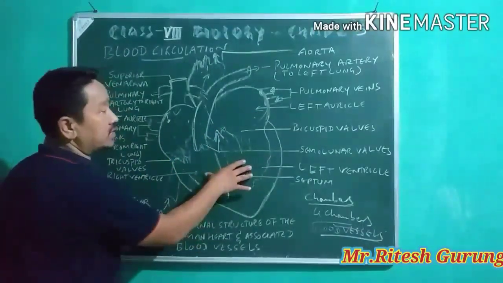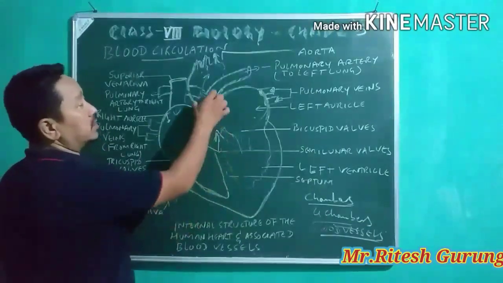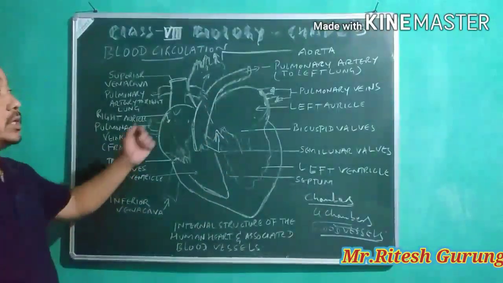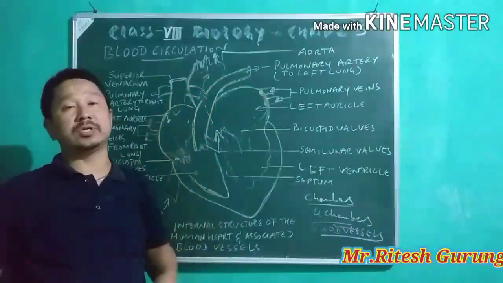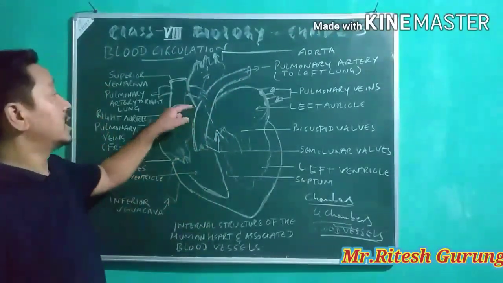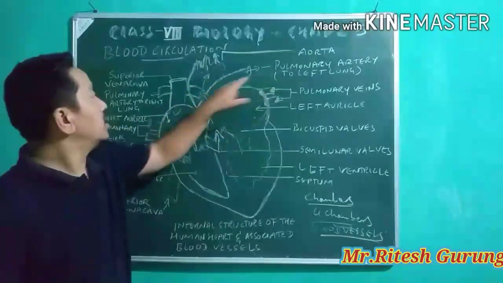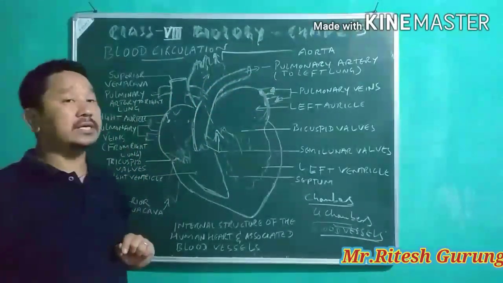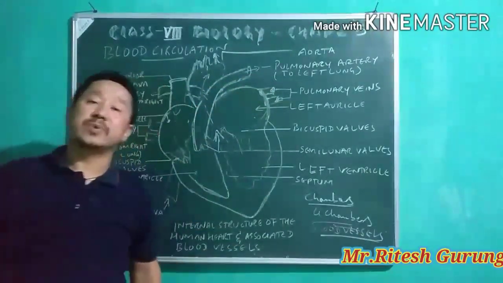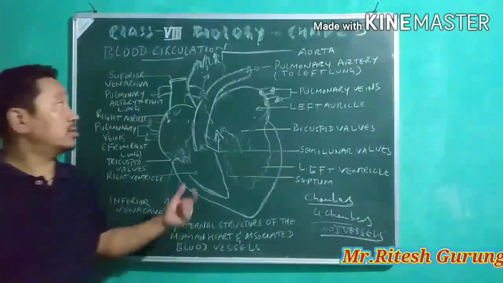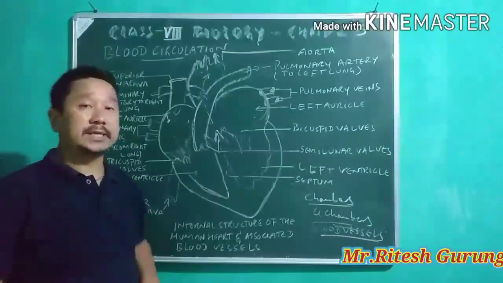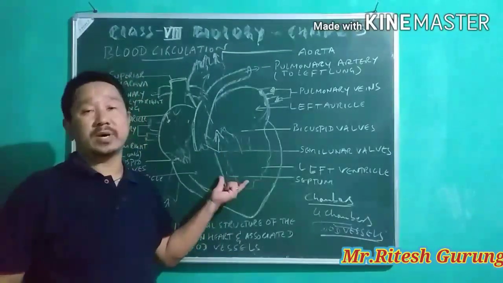Then once they contract, the respective blood will again be taken to the different parts of the body. As I told you, the aorta will be taking it to the different cells of the body, whereas this pulmonary artery will be taking the blood to the lungs for purification. So this is how the blood circulation takes place through the human heart.